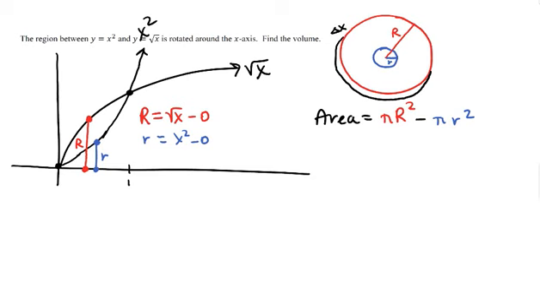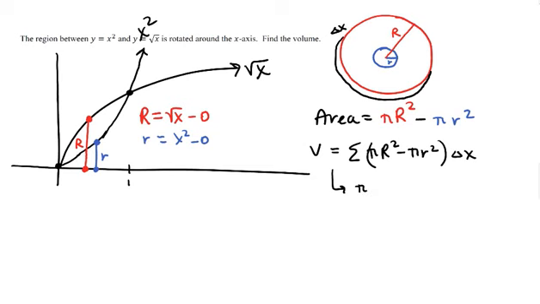The total volume is the sum of all of these annuli, so that is pi large r squared minus pi small r squared, multiplied by delta x. And as the number of these washers goes towards infinity and the thickness of each washer goes towards 0, this is going to turn into an integral.